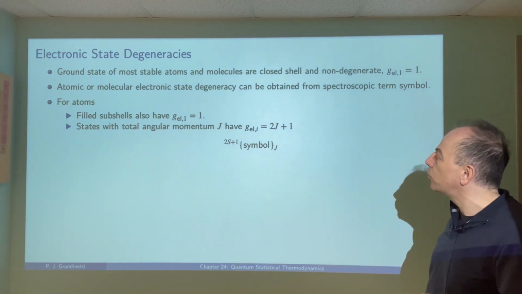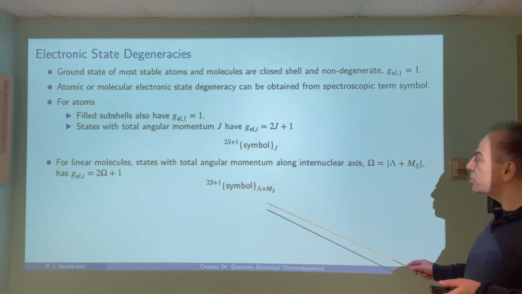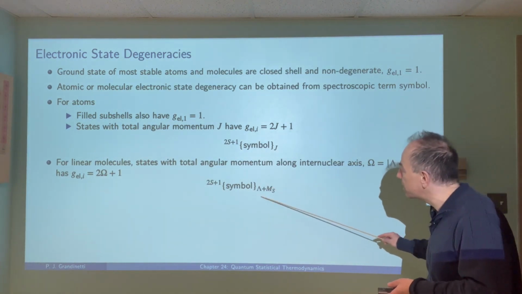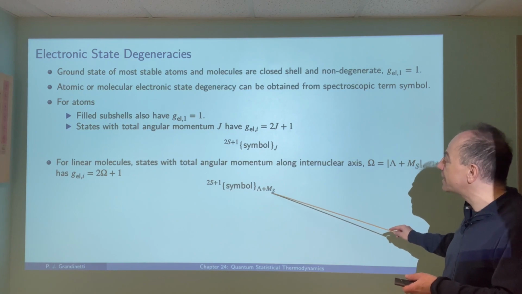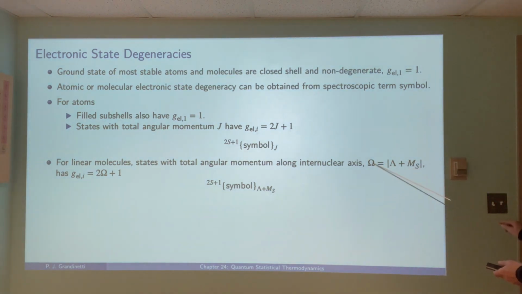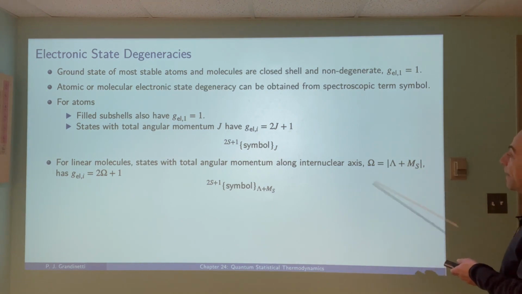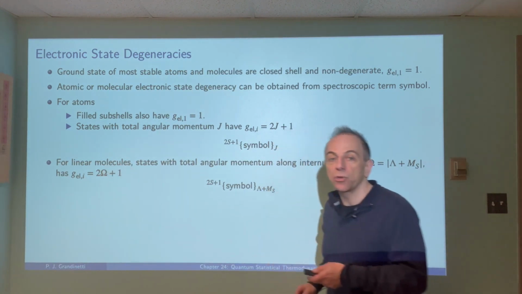It's that straightforward. Whenever you're looking at a linear molecule, we talked about that in the last chapter, then you would look at this subscript here where you have lambda plus m sub s. So adding those two together, we define a quantity called omega, and we take the absolute value of lambda plus m sub s, and your degeneracy is going to be 2 omega plus 1.